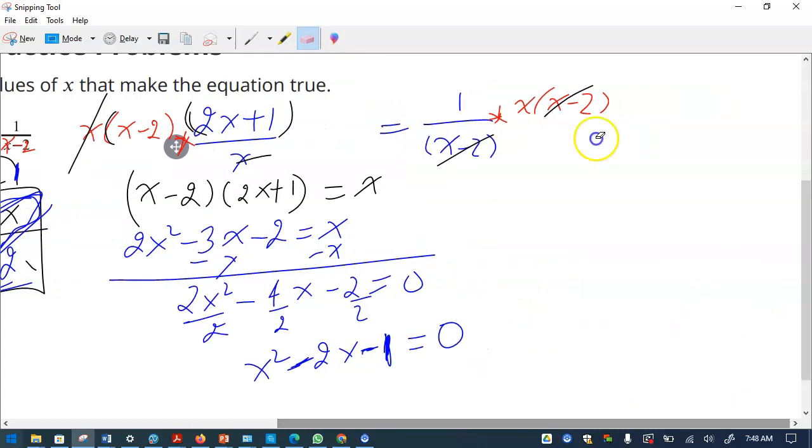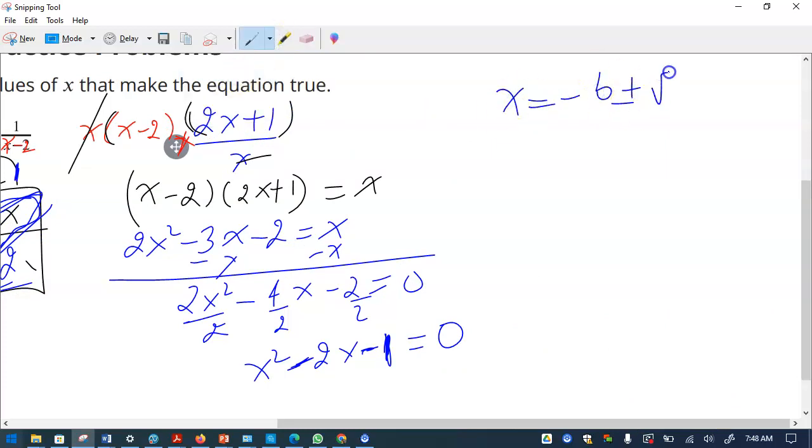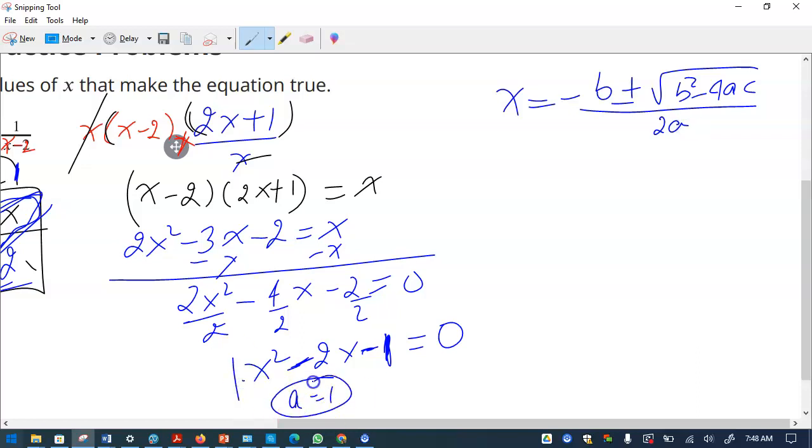So what is the quadratic formula? x equals minus b plus or minus the square root of b squared minus 4ac, divided by 2a. If you look at this, a is 1, b is minus 2, and c is minus 1.